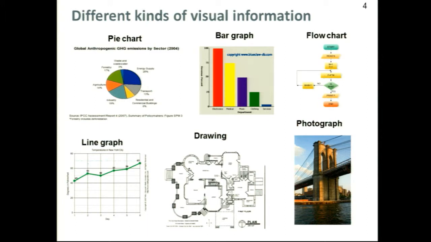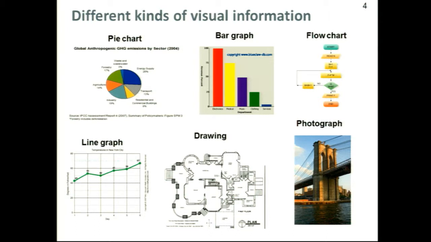All right, so here we have some different kinds of visual information, just to remind you of the whole repertoire of figures that are out there. Charts, the round graphs, bar graphs. Also flow charts, we use those a lot in engineering to show a process. Can be very illustrative for your reader to understand how parts of a process are connected to each other.